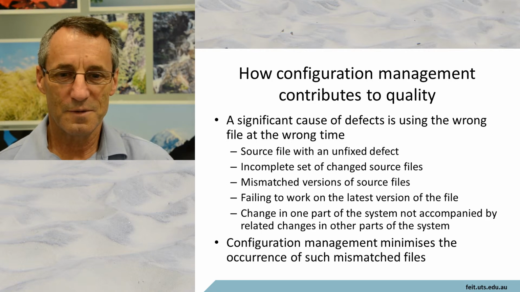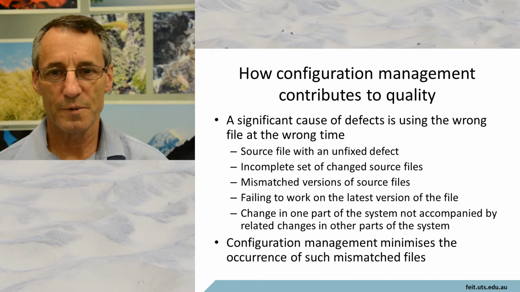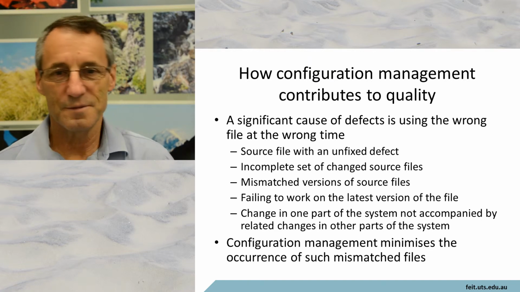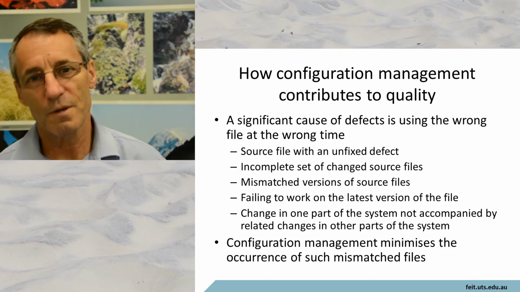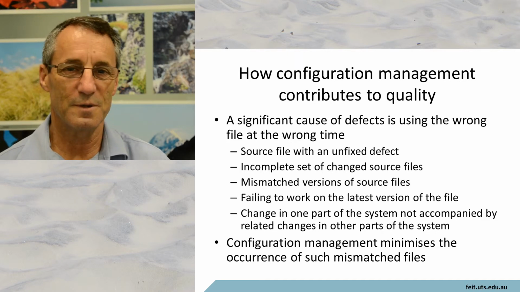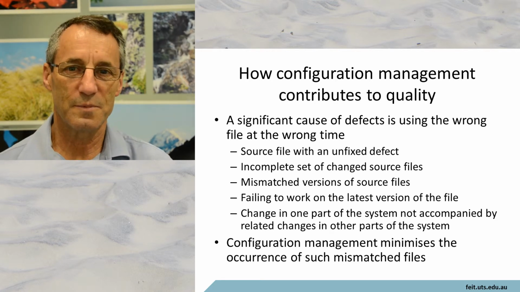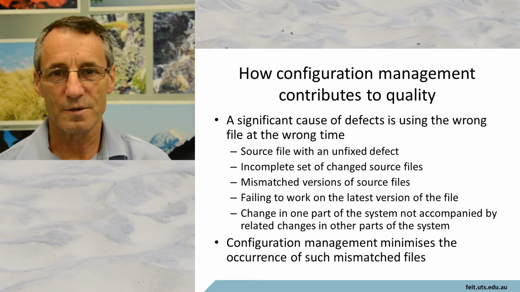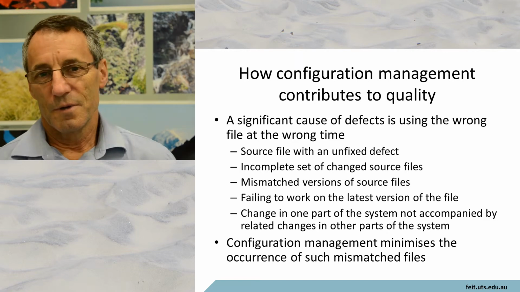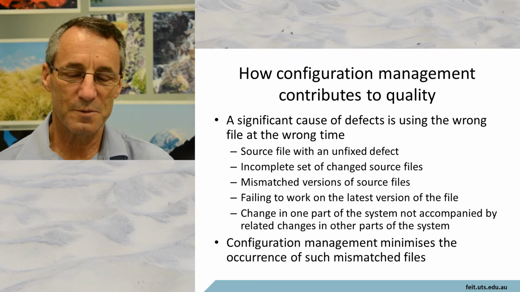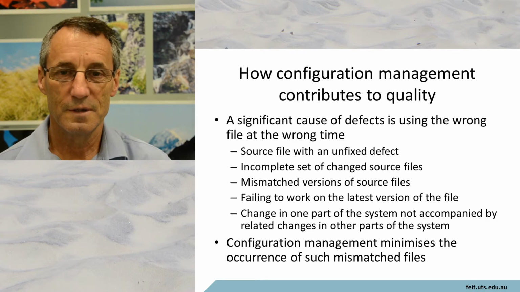And you get systems built with half the files, half of the changes implemented and the other half not, and you've got bugs, and you've got bugs kept coming back because the new files weren't picked up and the new versions weren't picked up, and it just becomes somewhat chaotic.